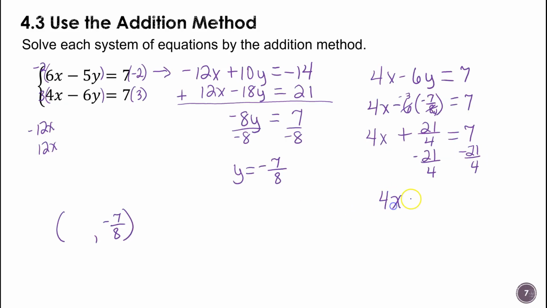So 4x equals, with a common denominator, 28 over 4 minus 21 over 4, which is 7 over 4. Then I'm going to multiply by the reciprocal, or you're dividing; you can look at it either way. And x is 7/16. That's kind of a messy ordered pair, but that's okay. It works out this way sometimes.